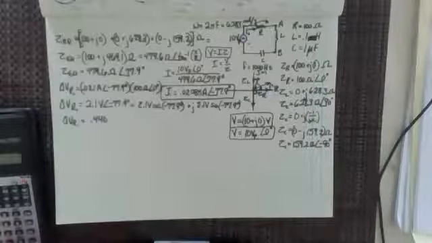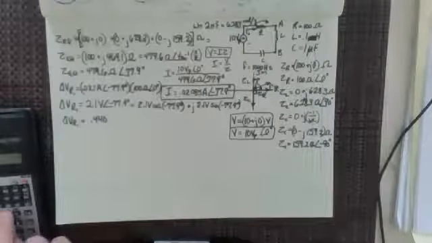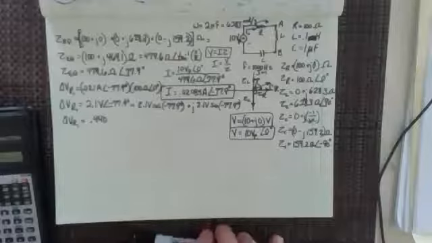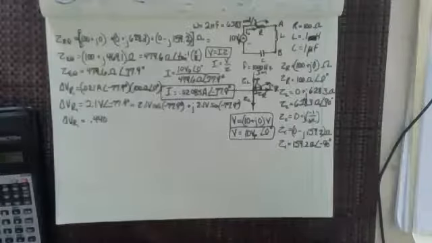So if I take the sine of minus 77.9, I get minus 0.978. That's what I'm going to call it.